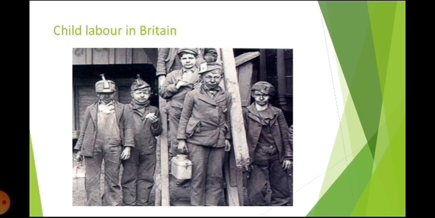They had to do hard labor, difficult work, long hours, dangerous work, mostly in factories. But here in Sudan, they would work as farmers, or they would keep the cattle. So either way, it wasn't an easy childhood.